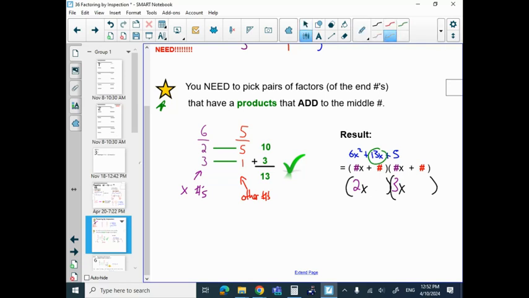Okay? Critical part of this process is to notice that the 2 has to be able to multiply onto the 5, right? So the 2 has to be able to multiply onto a 5. So picture how if the 5 went here, that wouldn't be good because the 2 wouldn't multiply. The 5 has to go over here.